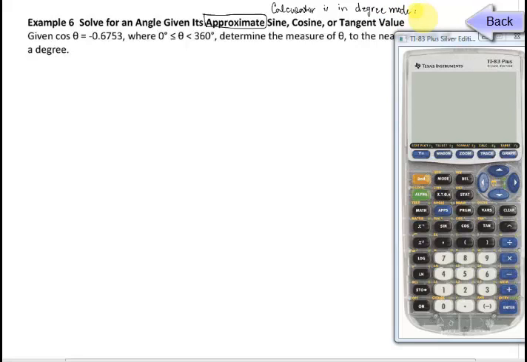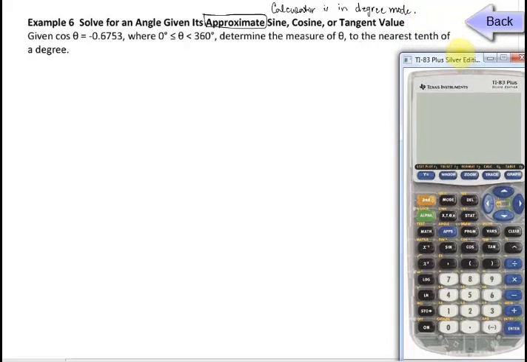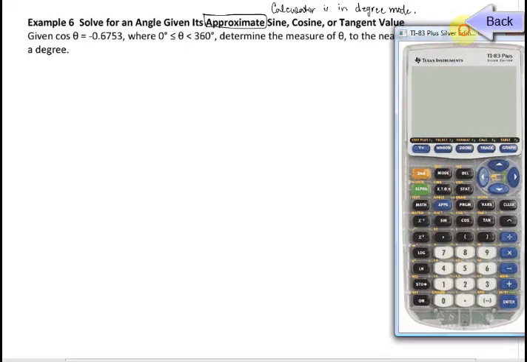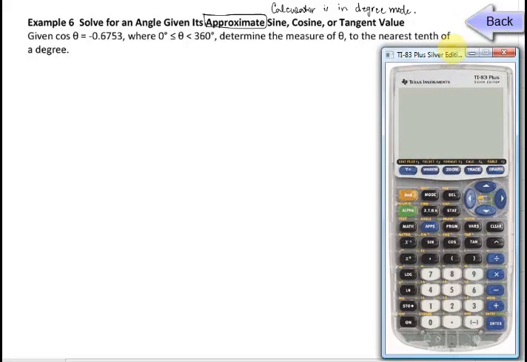Given that cos of theta equals negative 0.6753, where theta is between 0 and 360 degrees, determine the measure of theta to the nearest tenth of a degree. Okay, so our first step is to determine which quadrant our angle is in, or which quadrants.